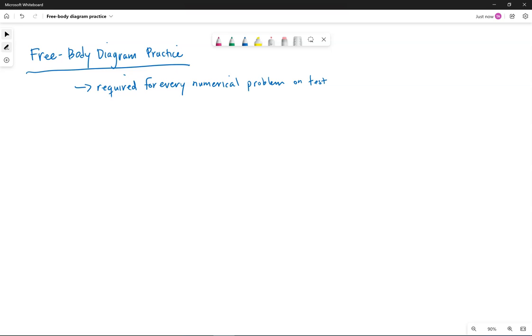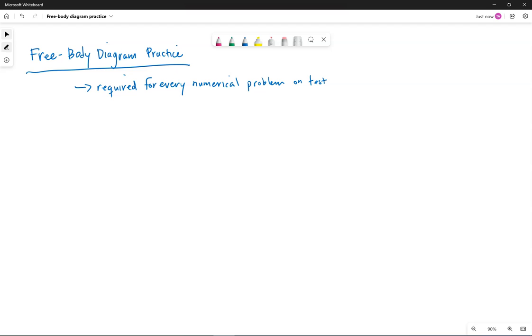So I highly recommend that you get in the habit of drawing these for the problems that you are solving on the homework. Again, the reason I'm requiring it is because it's so essentially helpful in writing equations and solving problems.